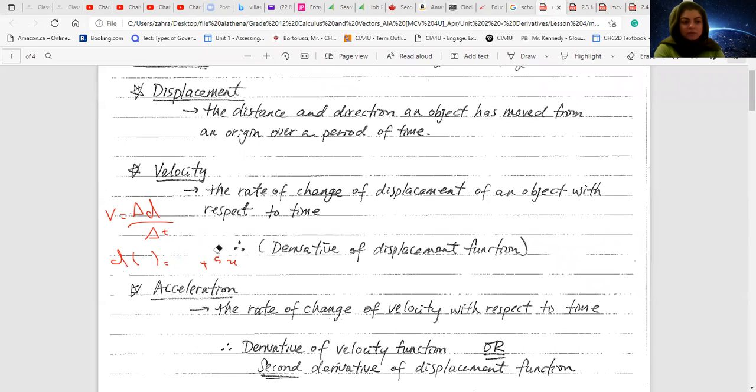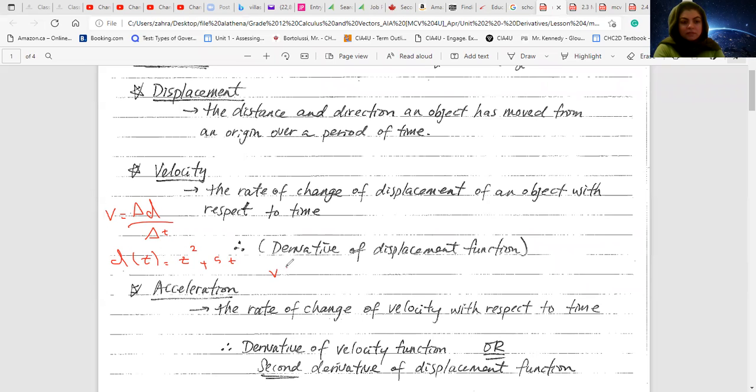That's fine, just make sure it's clear. If you have displacement as a function of time, you take a derivative of that with respect to time. Changing displacement over changing time means the derivative of that. It will give you the velocity.